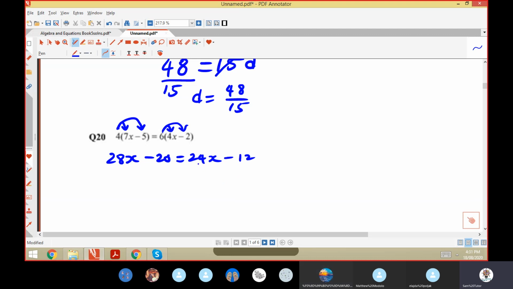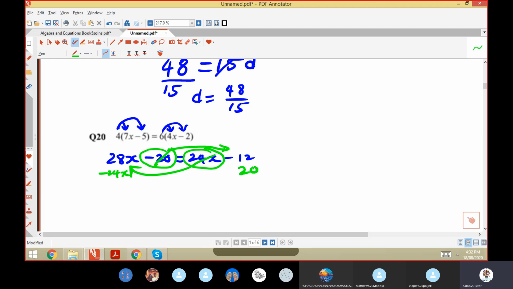Okay, back to the same problem. What do you want to circle? 20, and then on this side, 24x. Good, so you understand that. That's perfect.